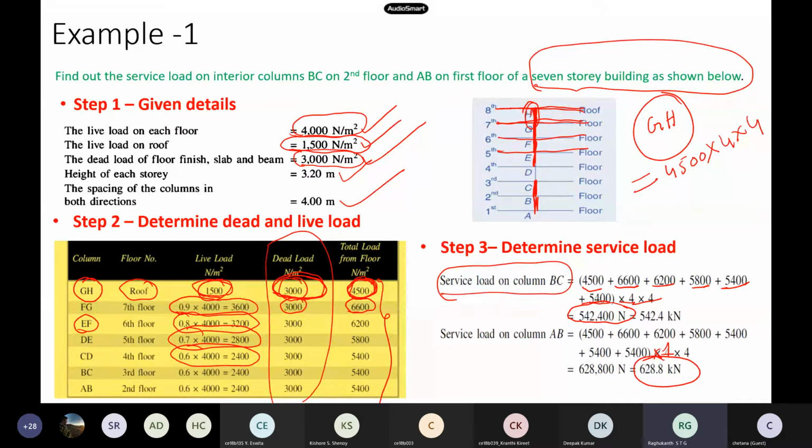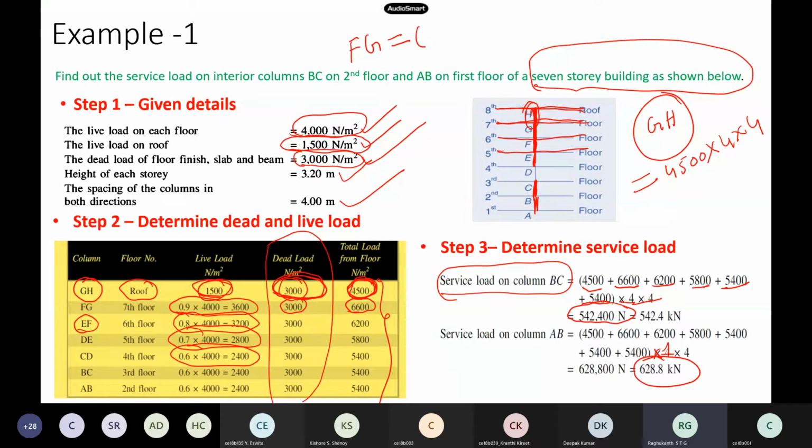Now what is the load acting on FG? Tell me, the next column, FG, this portion. The dead loads are both 3,000, 3,000. So 3,600 plus 3,000.